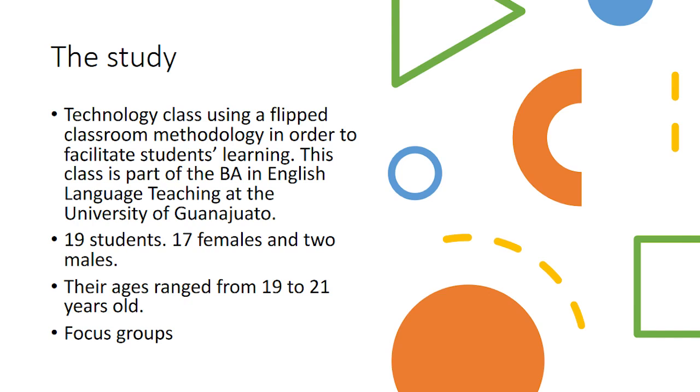The course explored in this study prepares students for planning and designing activities and lessons with the use of technology. This class is part of a BA in ELT at a state university in central Mexico, which trains students to become English teachers.